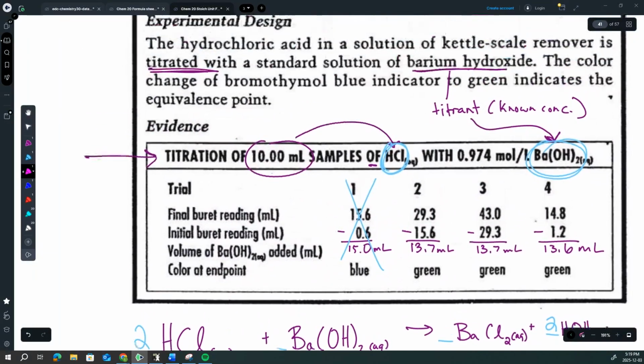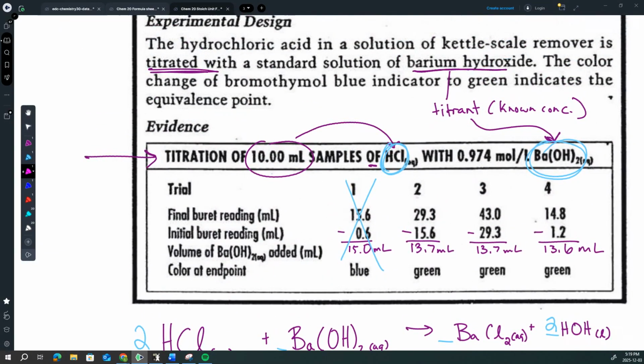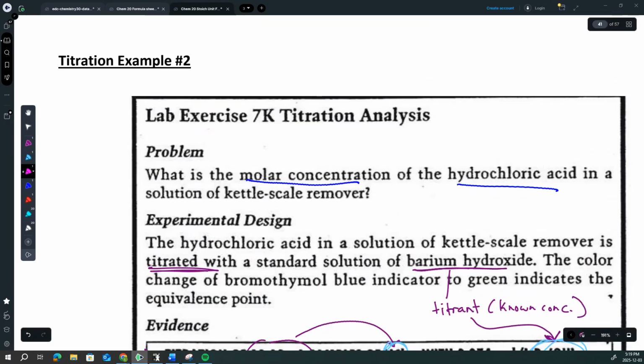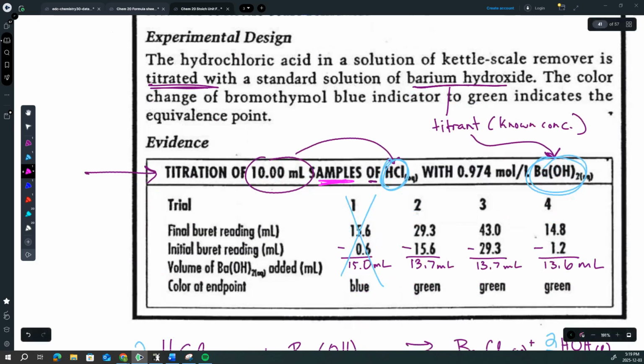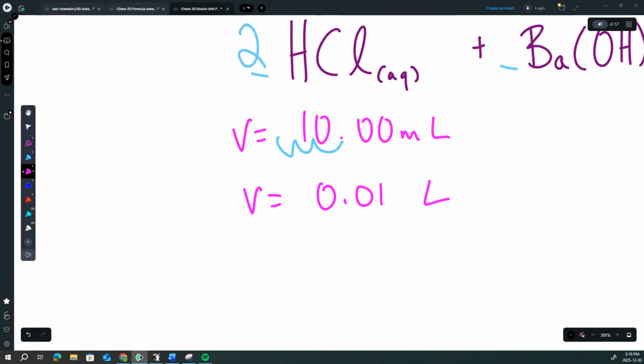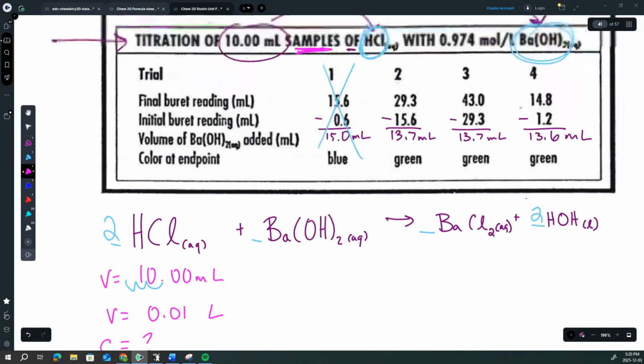Since hydrochloric acid is our sample, that means we don't know the concentration of it. Another way to figure out what you don't know is because it says, what is the molar concentration of hydrochloric acid? So let's write concentration underneath hydrochloric acid. We don't know.